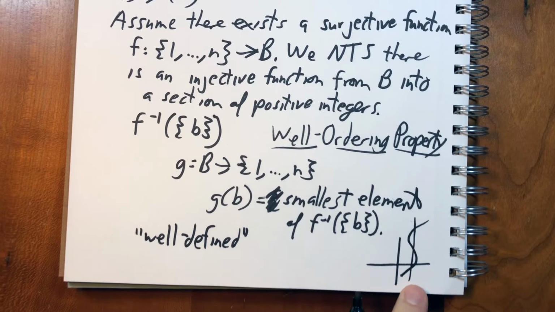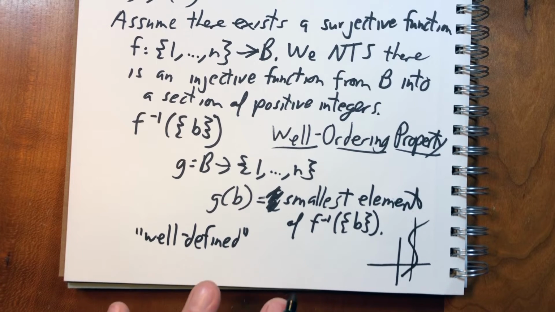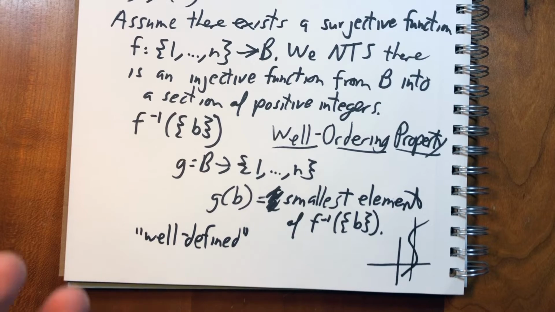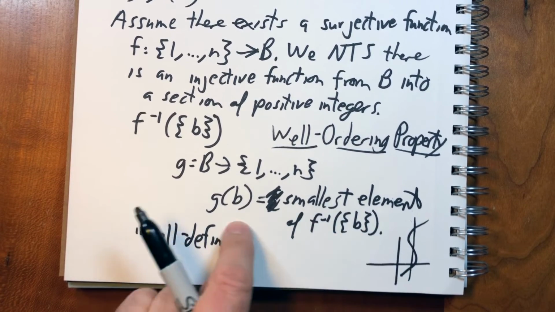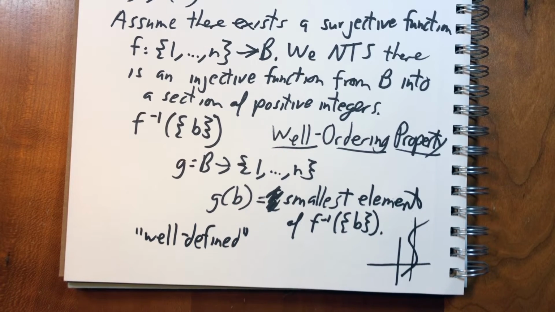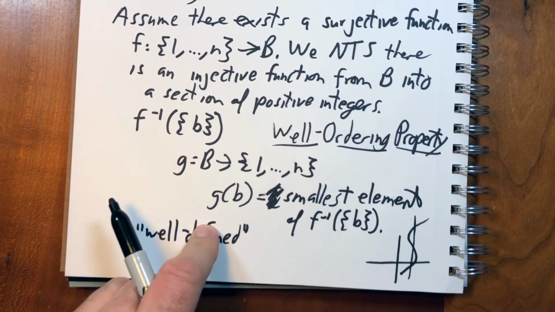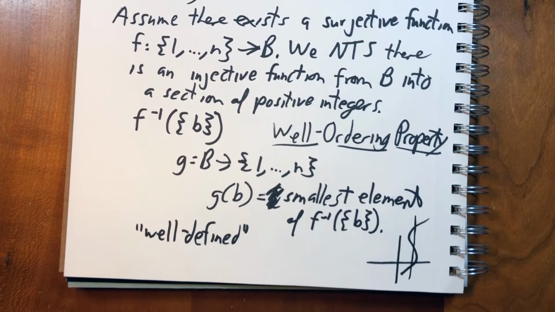G of b must only have one value. It's important for us to keep in mind that this is a requirement that must always be met, even though sometimes it's so obvious that we don't even mention it. But in this particular case, it's not obvious. This isn't such an obvious construction of a set. So it's important to mention explicitly that yes, G is well defined because the well-ordering property tells us so.